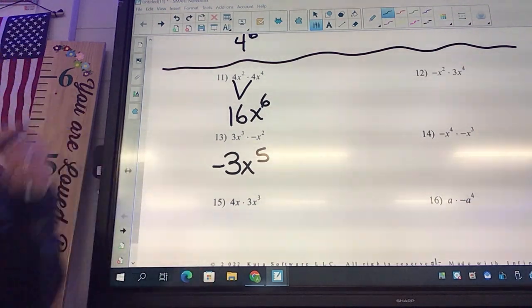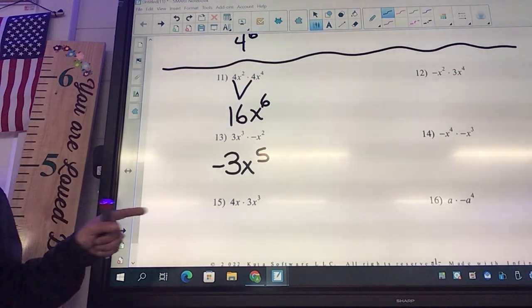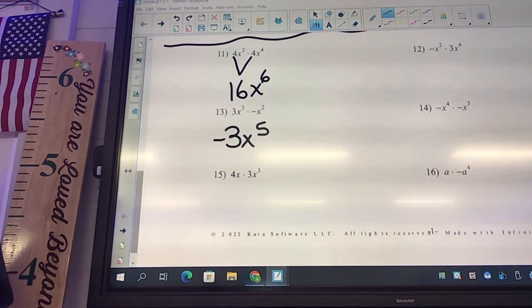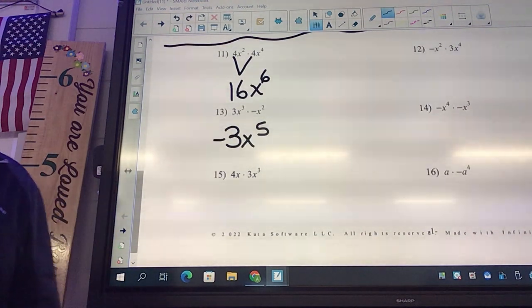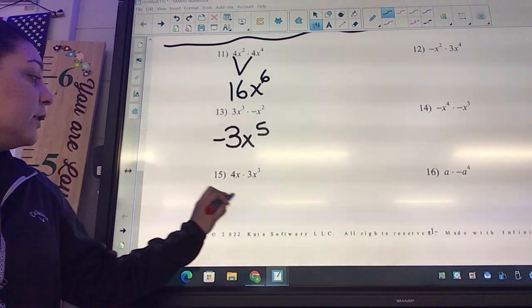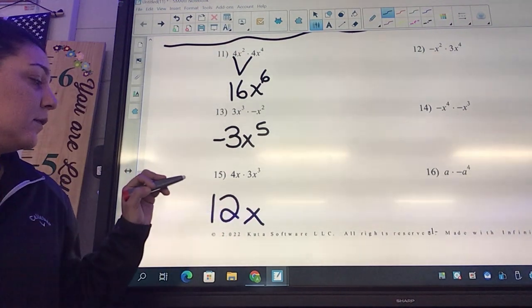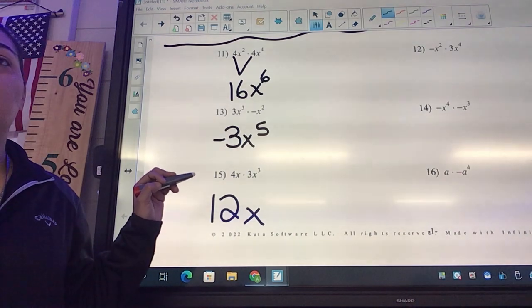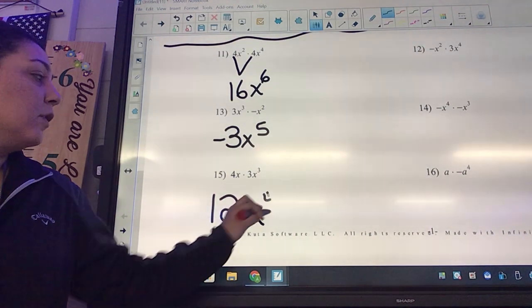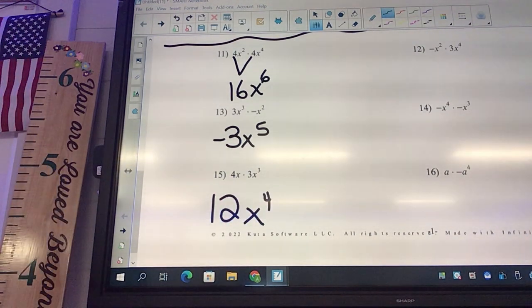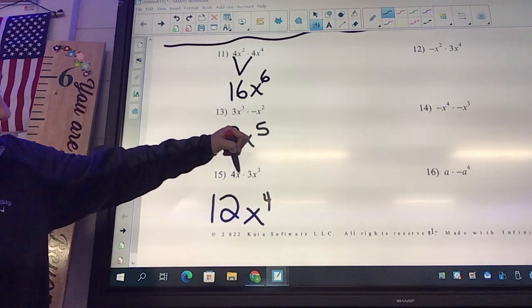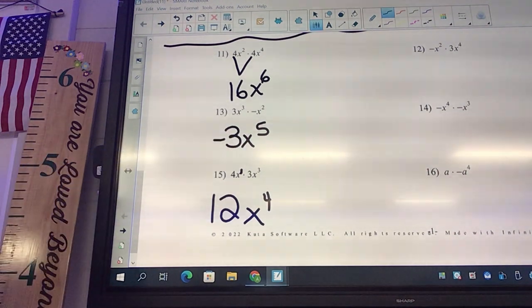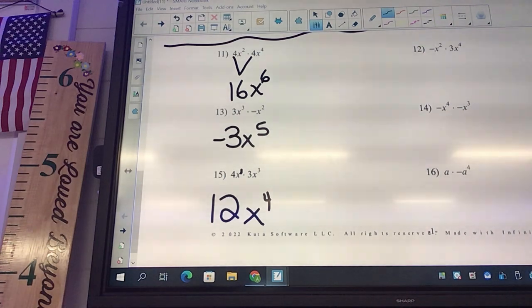You can't have a negative exponent. The base is different. Okay, so 15, we're going to multiply the bases. What are you going to get? 12, and you're going to add the exponents. 4. Why 4? Yes, so right here there is a 1 for the exponent. If there's nothing with the exponent, it's a 1.